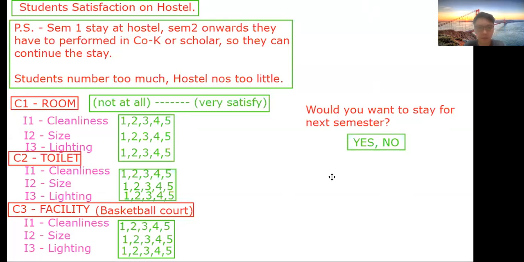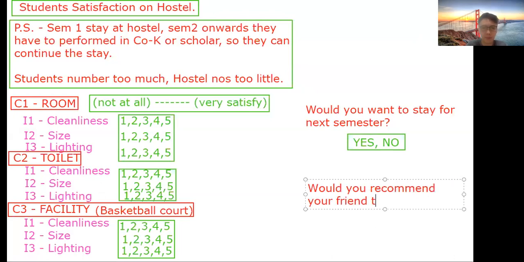We further asked them, would you recommend your friend to stay here? I still use nominal scale.